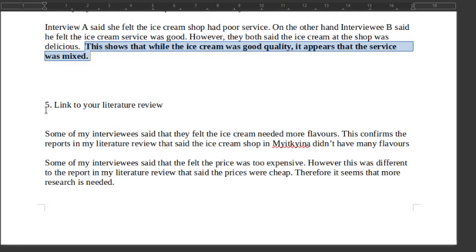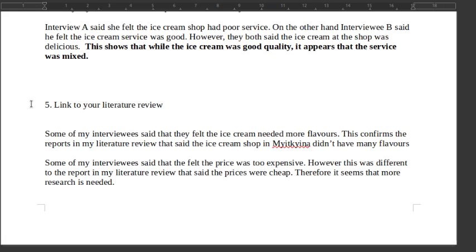Another one, point 5 here, link to your literature review. This is important. In your literature review, you probably should have had subtopics. So you have your main topic, and then in your literature review, you would have had different topics. So think about those topics again for your research report.